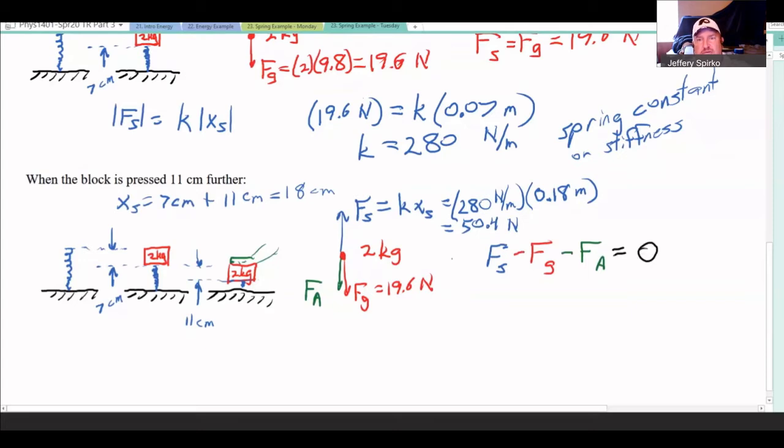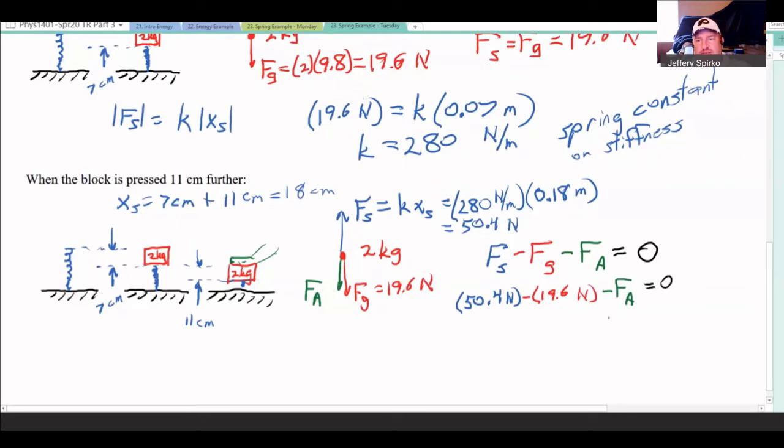Equals 0. So we know how strong the spring is. That's 50.4 newtons. We know how strong gravity is. That's minus 19.6 newtons. And then we have minus the applied force, which we don't know, is equal to 0.